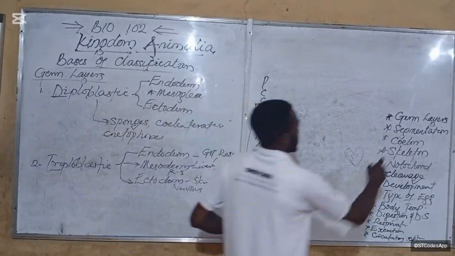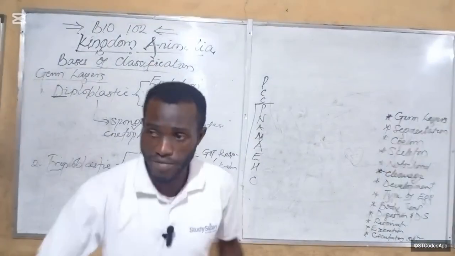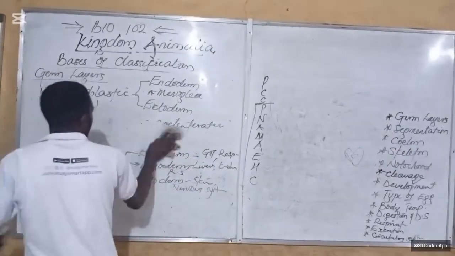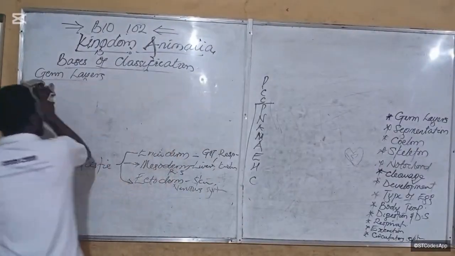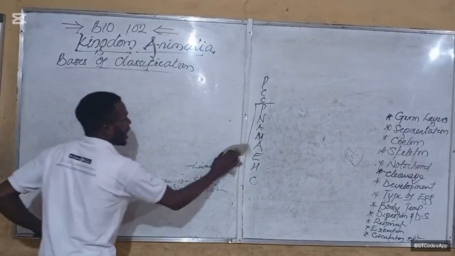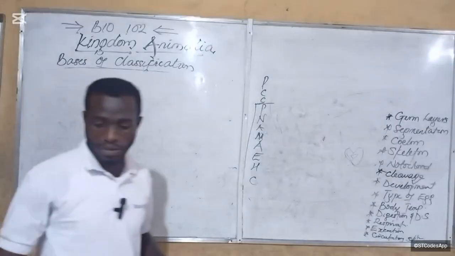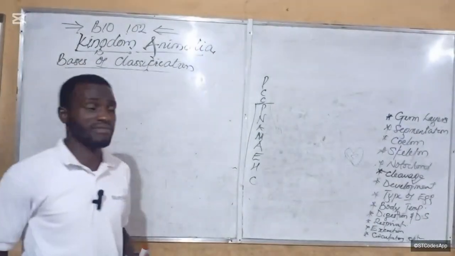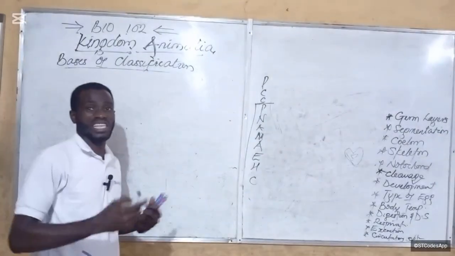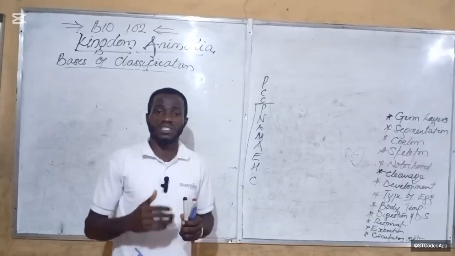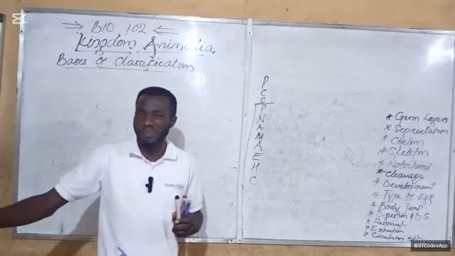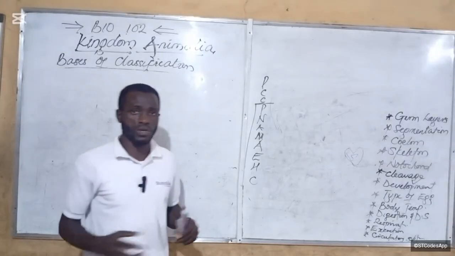So the next one is segmentation. So let's classify on the basis of segmentation. Now, animals are usually segmented. They have body segmentation. And what is segmentation? Segmentation simply means separation or divisions in the body part. Is that clear? There are divisions in the body part.